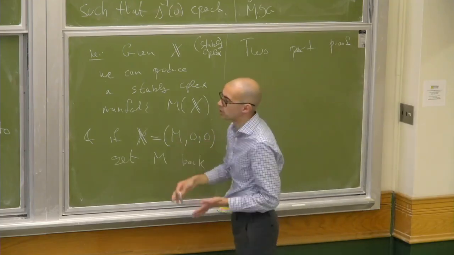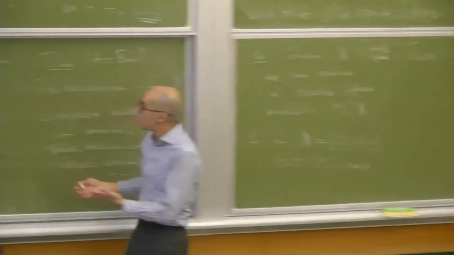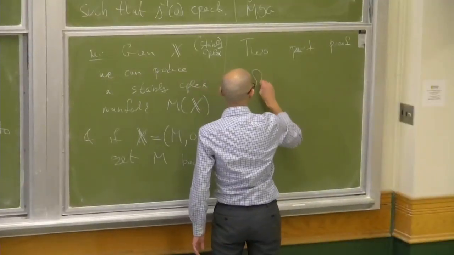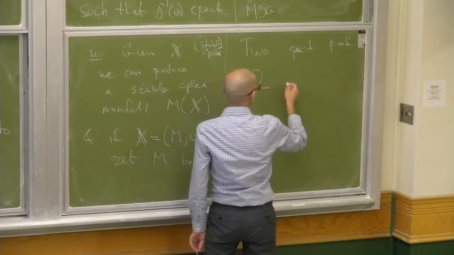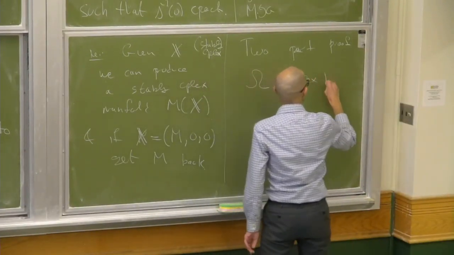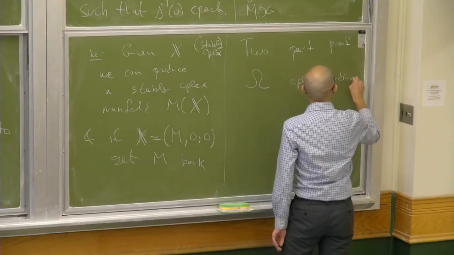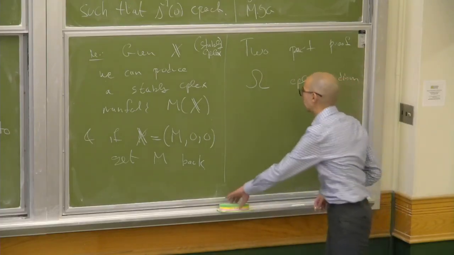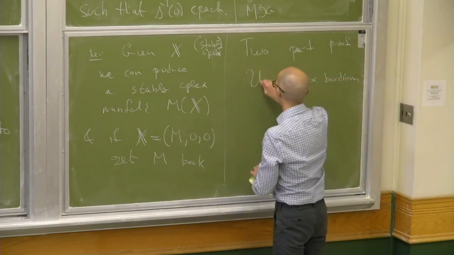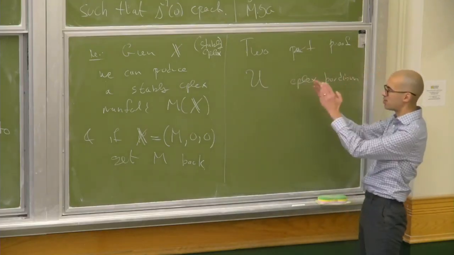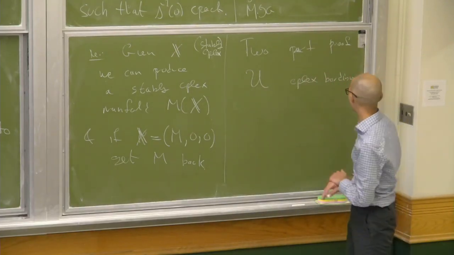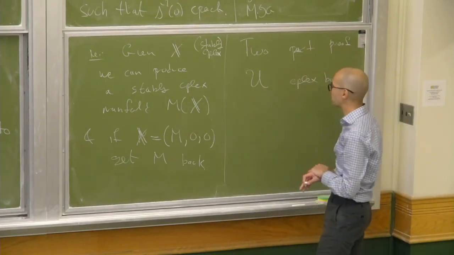So first I need some notation. Nothing has any notation. So I'm going to write omega for complex bordism. Okay, I apologize. I'm going to write U. This is Milnor's notation, which was abandoned later. So I'm going to write U for complex bordism.